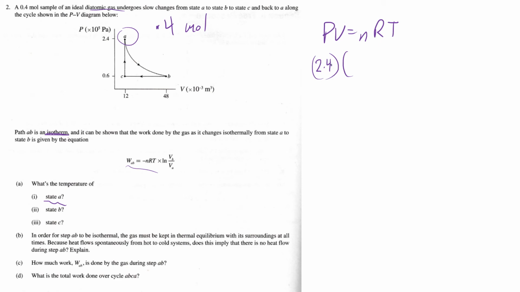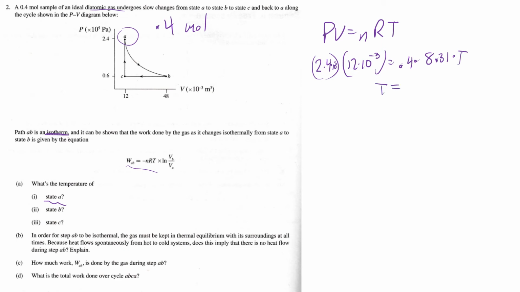So we're going to have 12 times 10 to the minus 3 equals n, which is 0.4, times R, which is 8.31, times T, and we're just going to solve for T.